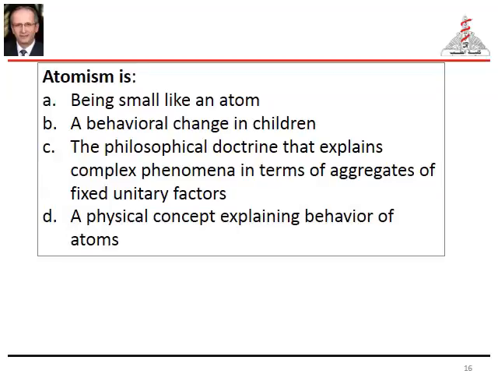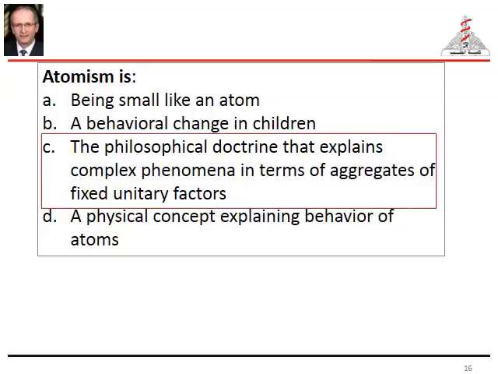Question number 3. Atomism is being small like an atom, a behavioral change in children, the philosophical doctrine that explains complex phenomena in terms of aggregates of fixed unitary factors, or a physical concept explaining behavior of atoms.